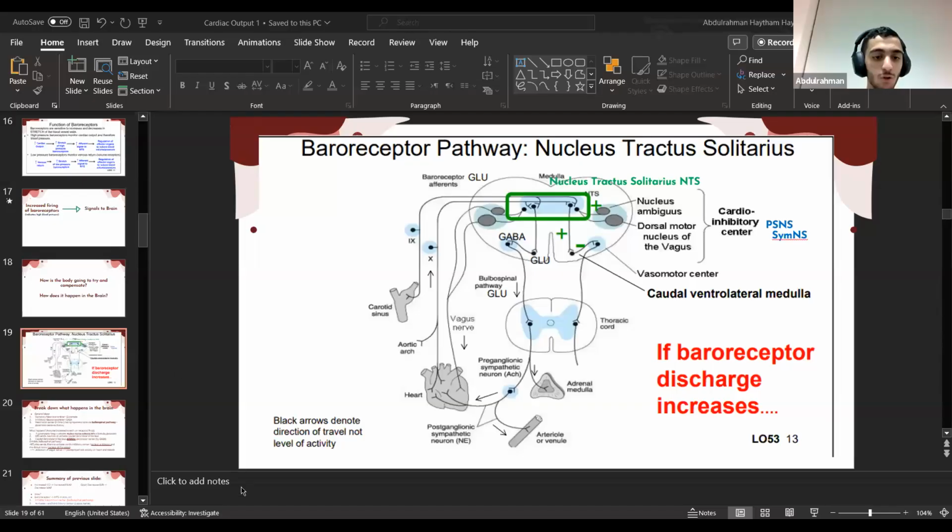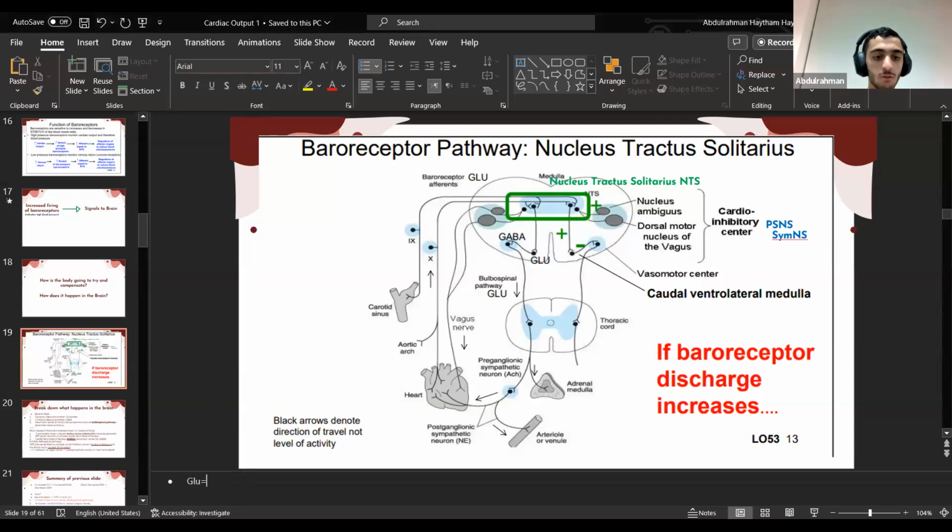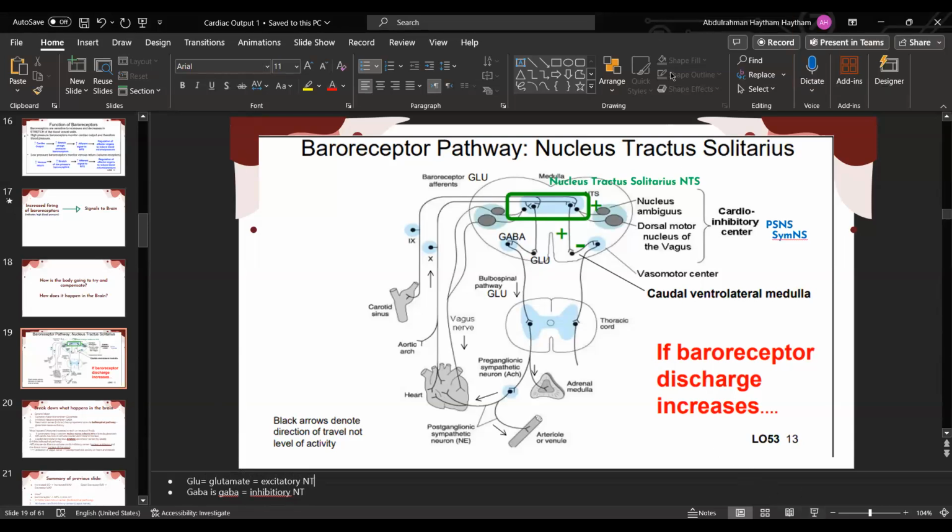Okay. So GLU equals glutamate, and GABA is GABA. GABA is an inhibitory neurotransmitter, and glutamate is an excitatory neurotransmitter. It's just a neurotransmitter. It's similar to adrenaline, similar to norepinephrine, similar to dopamine. Like, it's just a neurotransmitter. Yes. Does it do the same function as the caudal ventrolateral medulla? I'm not sure.